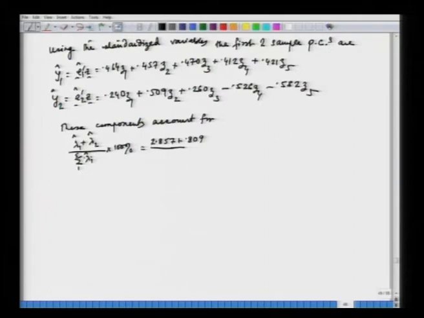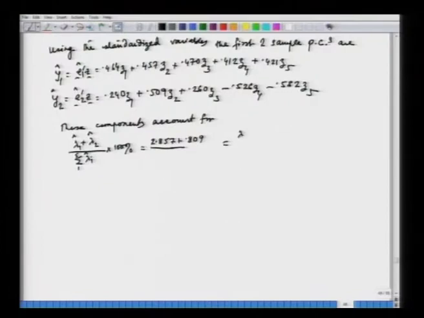The trace is nothing but p. So, in case we are using the standardized variables, this summation of lambda i hat is simply p, the dimensionality of the data. So, this is 2.857 plus 0.809 over 5, times 100%, which is equal to 73%.